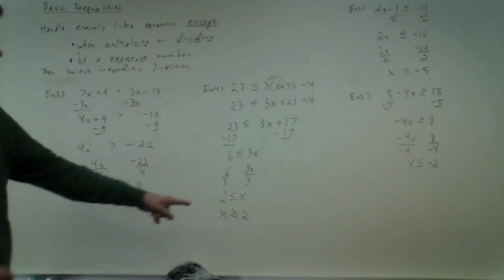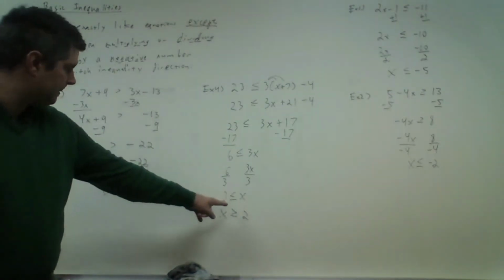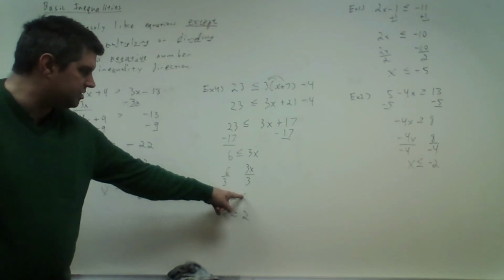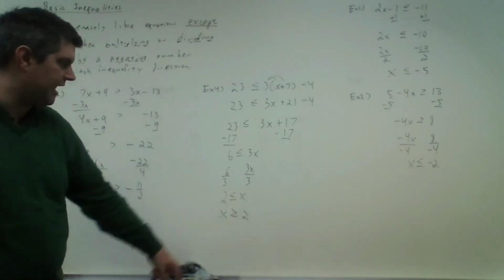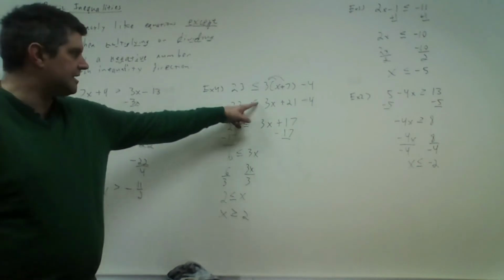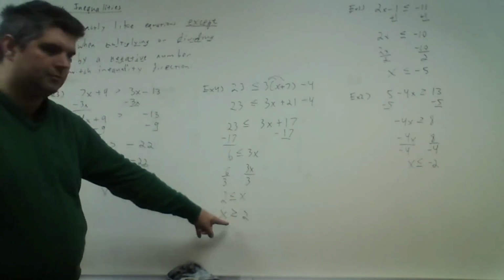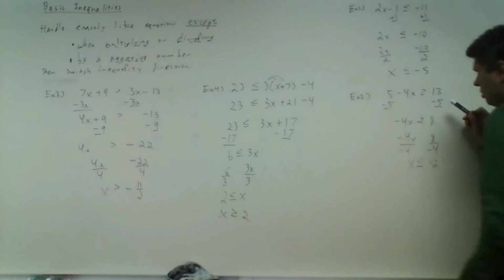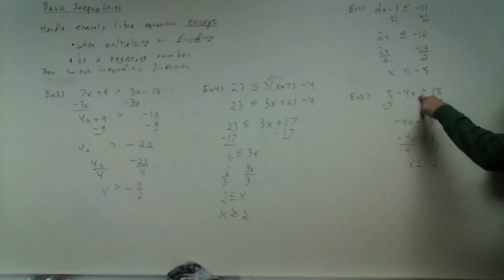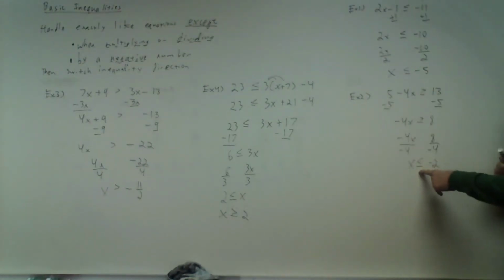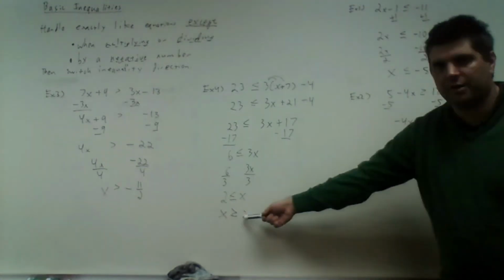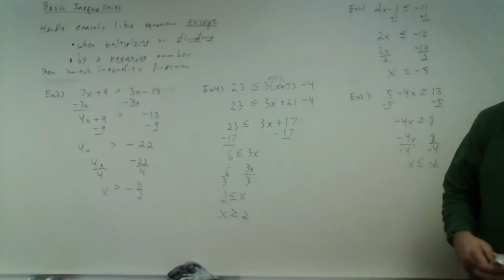This is not changing the inequality direction, because the mouth faced towards the x, it continued to face towards the x. It faced towards the x the entire problem. Okay? In contrast to this one, where the mouth faced the x and didn't at the end. This is a change in inequality direction. This is not. Okay?